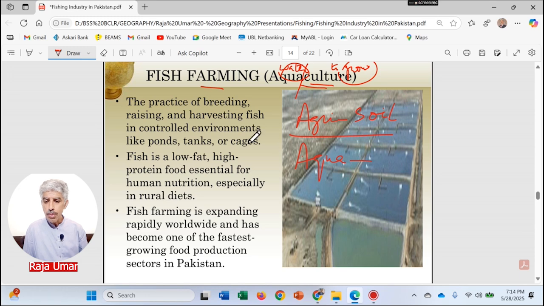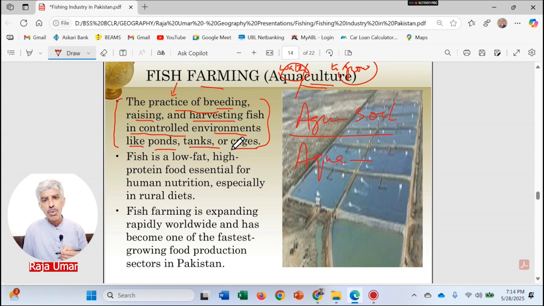Now the definition of fish farming: the practice of breeding, raising, and harvesting fish in controlled environments like ponds, tanks, or cages. Controlled conditions means that they are under the control of the fish farmer who has made those fish farms and feeds them, and different species of fish are grown there.